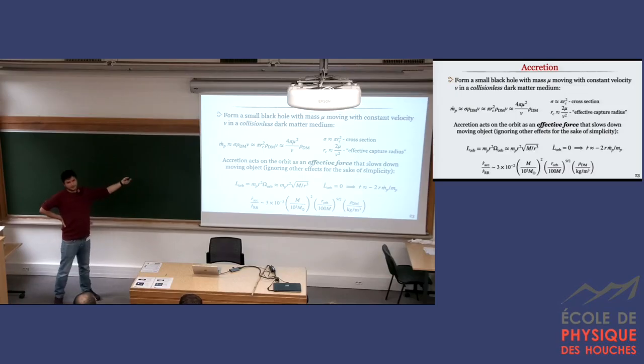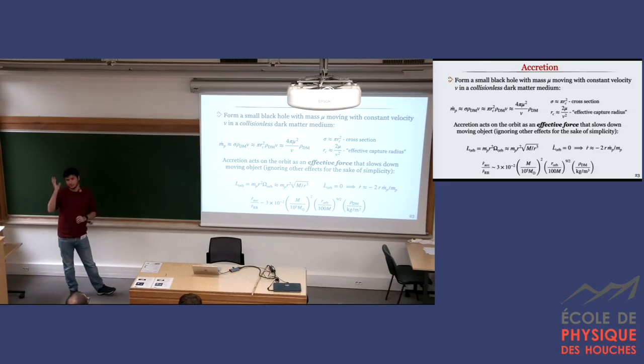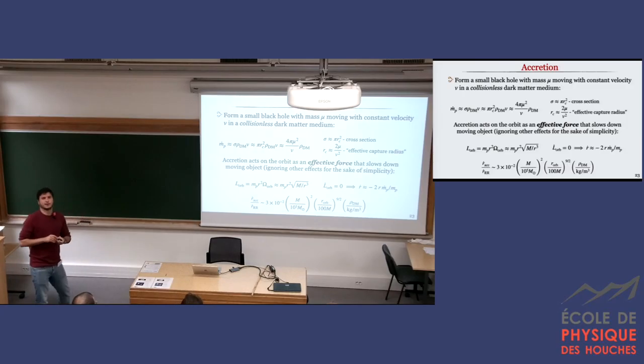For a collisional medium, if there are strong interactions in your medium, this formula is not correct. So in this case, you need to use what are called the Bondi accretion rates. Anyway, the important point is, again, this scales with the density of your medium. So everything always scales with the density, and also with the mass squared of your black hole.